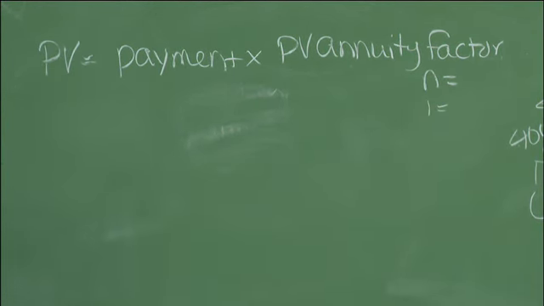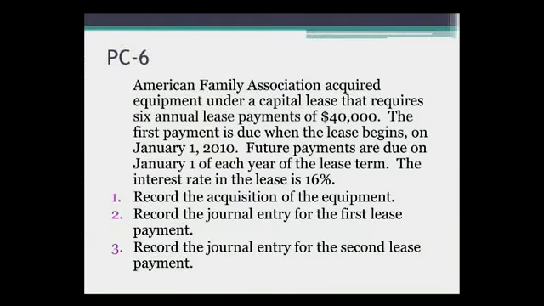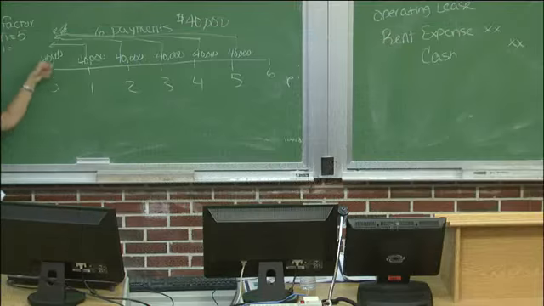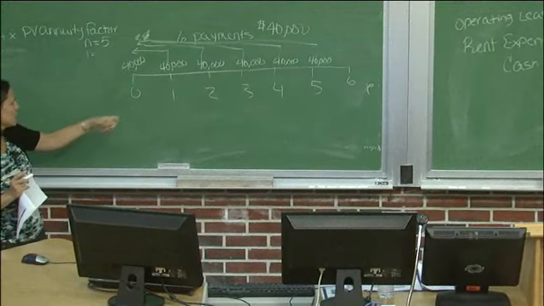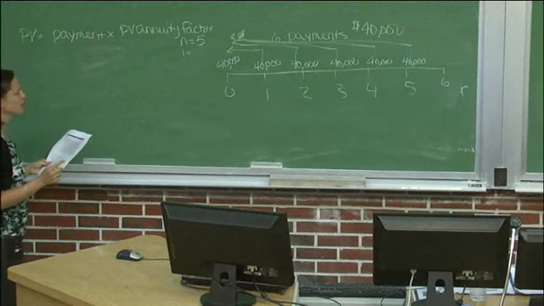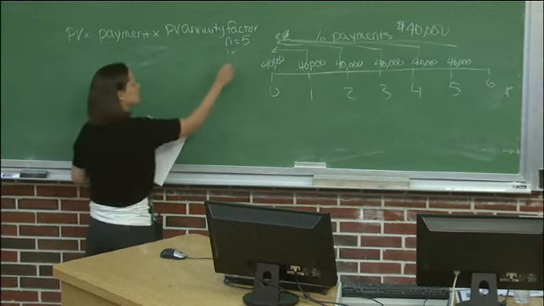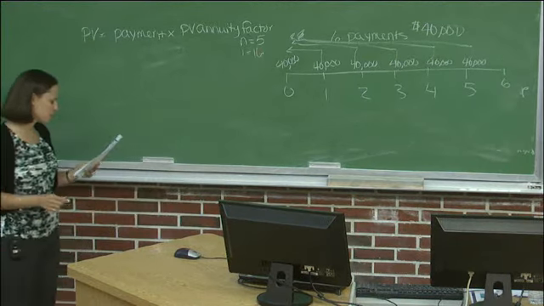What is N? 5. N is 5 here because we're only figuring out the present value of these 5 cash flows. The first one, since payment is at the beginning, is already in present value terms. The problem tells us interest was 16%.